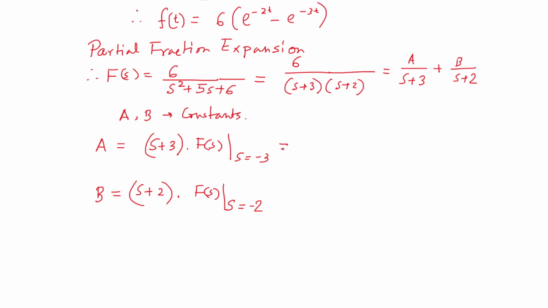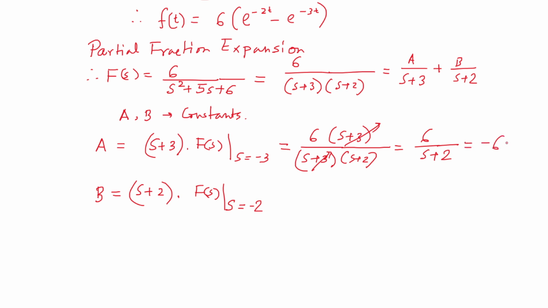So let us solve. So what is Fs here? 6 by s plus 3 into s plus 2, into s plus 3. Okay, so it should be multiplied with the s plus 3. So s plus 3 cancels out, and it will be 6 by s plus 2. If you substitute minus 3 here, it will be minus 3 plus 2, so it will be minus 6.